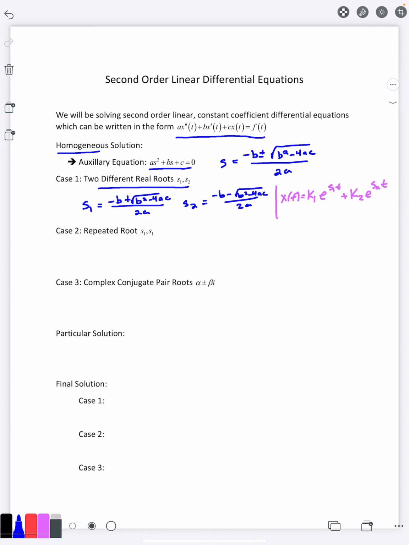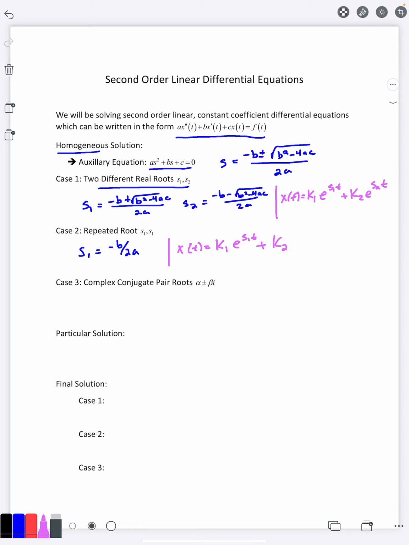Now if you happen to solve it, and the square root part becomes 0, that means you have a repeated root. So your root is just going to be the negative b over 2a, and it just happens twice here. And if that's the case, then the solution for the differential equation is going to be x of t is some constant k1 e to the s1 t plus some constant k2.